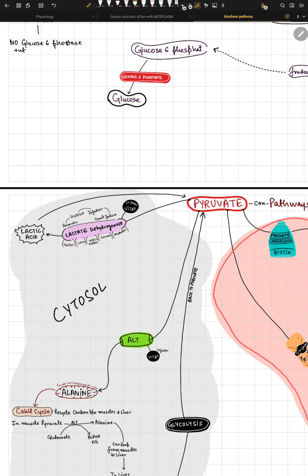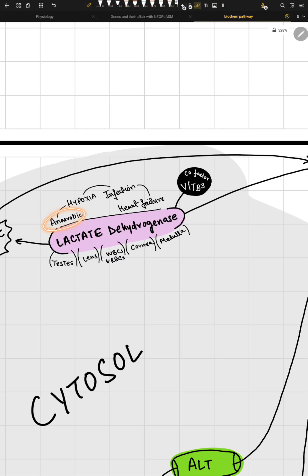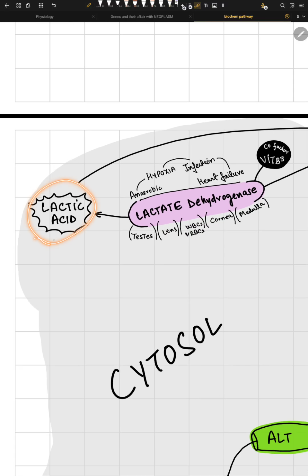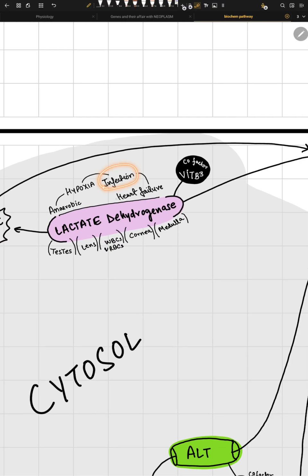Now, this enzyme is activated under anaerobic, hypoxic, infection, and heart failure conditions. So think about lactic acid, think about levels of lactic acid, think about these conditions.